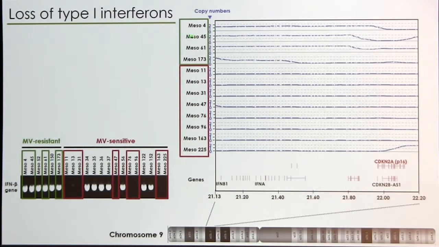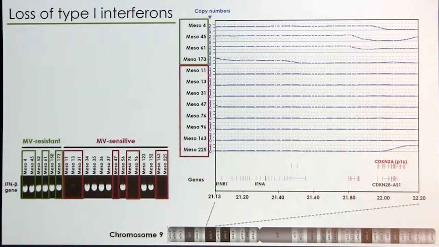When you look at the copy numbers, 0, 1, 2 for each cell line, you can see that, for example, for this cell line, there is loss of the whole chromosome area. So the P16 genes are lost, and the type 1 interferon genes are lost too.